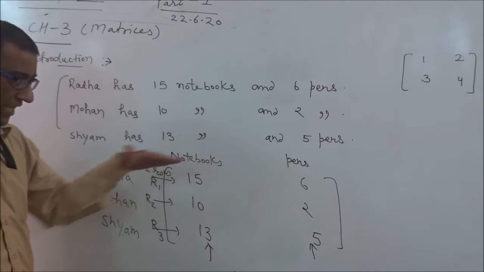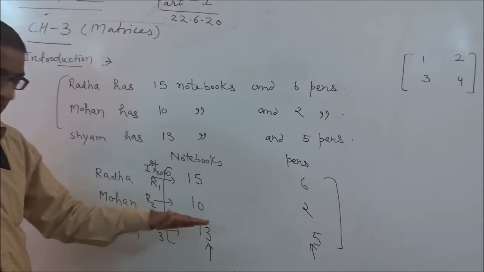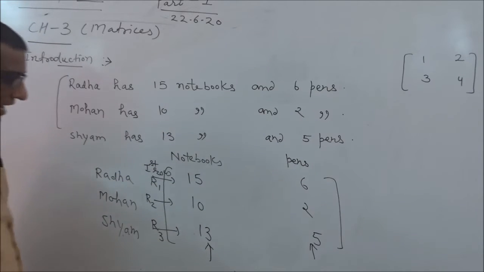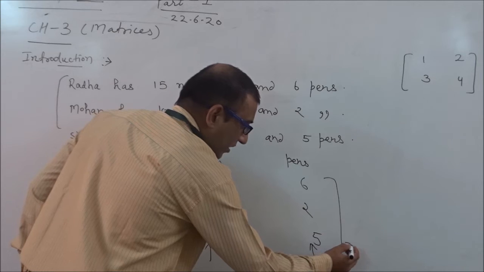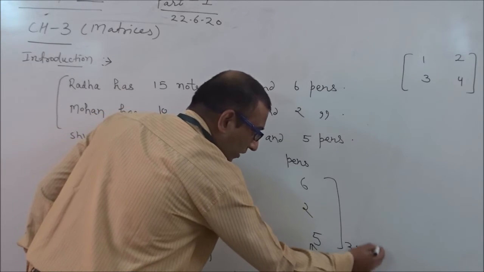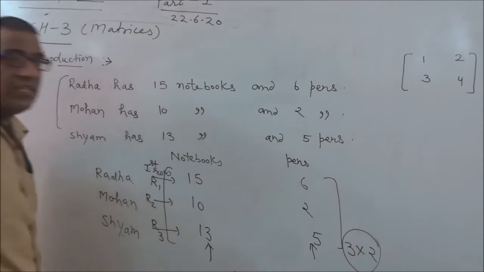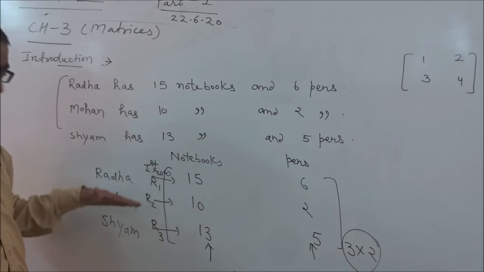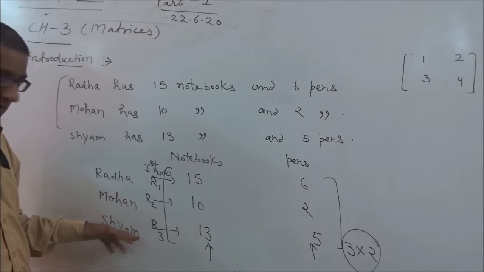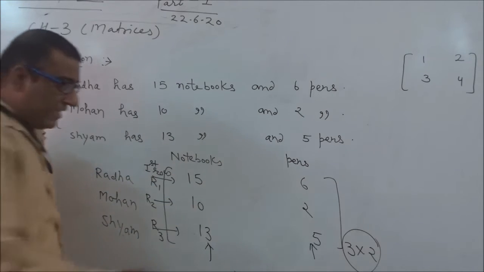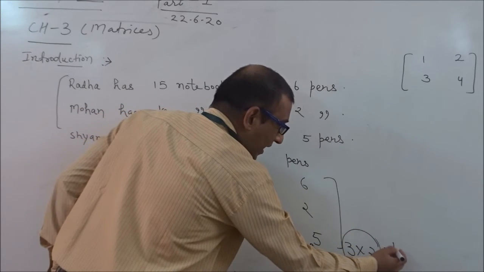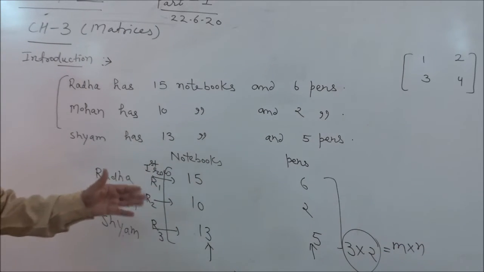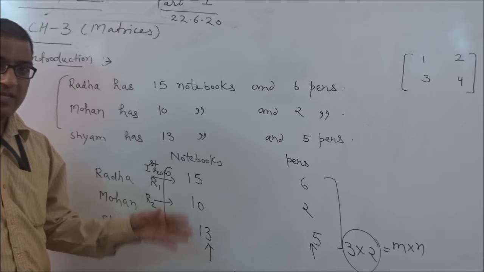These horizontal lines are known as rows, and these vertical lines are known as columns. And this 3 into 2 is known as the order of the matrix. We can say in this matrix there are 3 rows and 2 columns, and this is also denoted by m into n, where m is related with rows and n is related with columns.